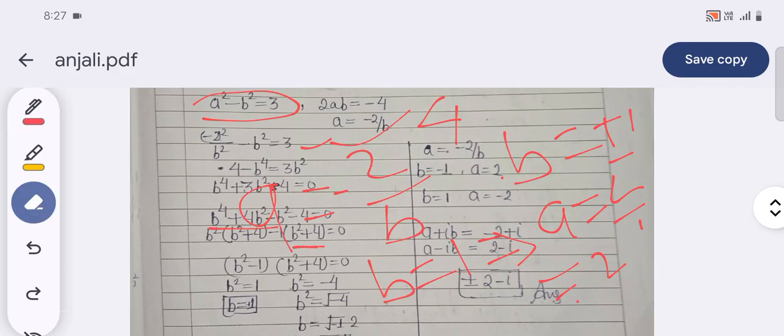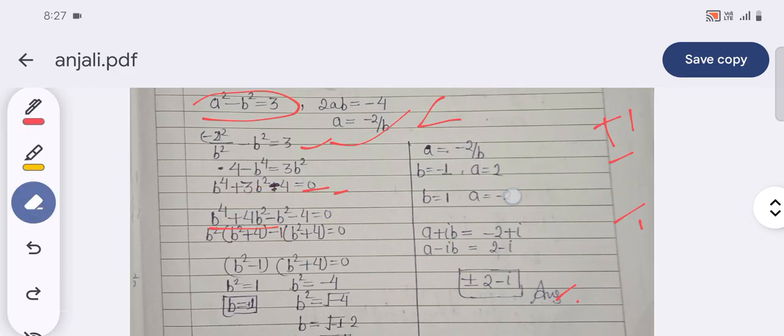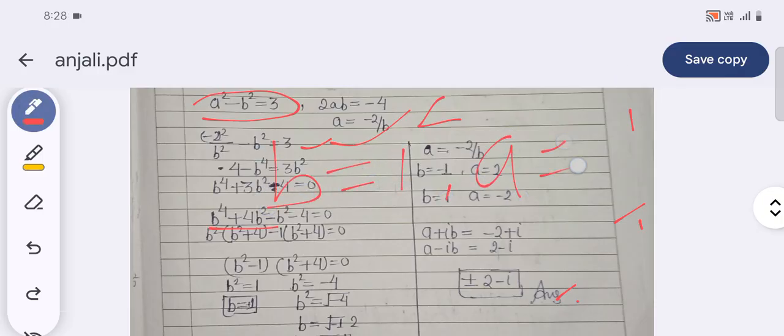If we put b is equal to 1, then a is equal to minus 2.